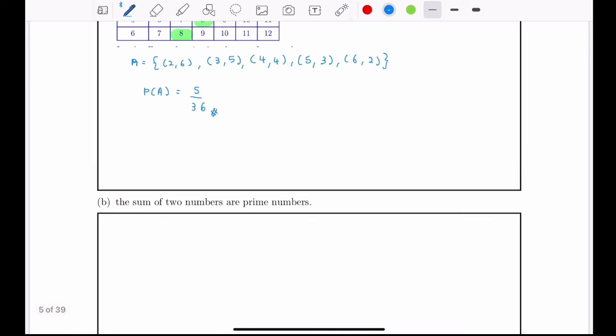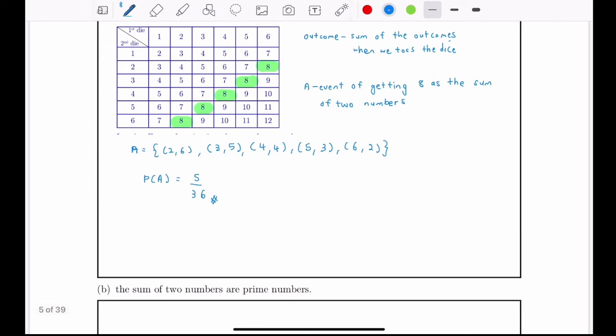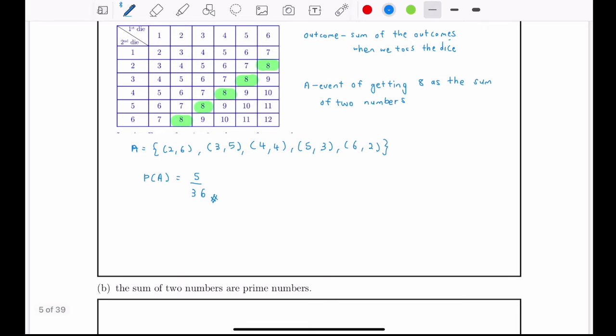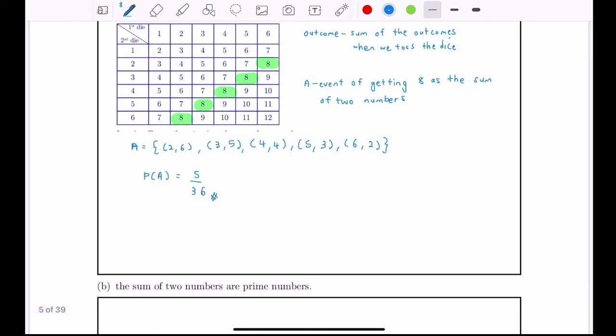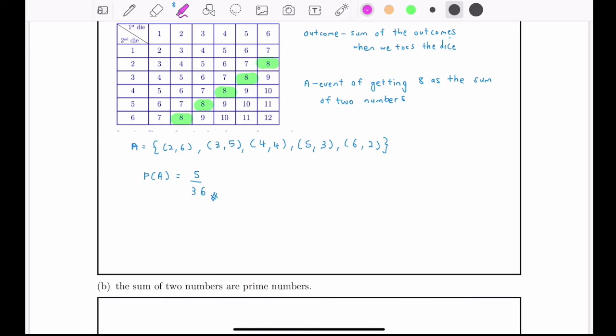Okay, next, B. The sum of two numbers are prime numbers. So prime numbers is a number that is greater than 1 and can only be divided by itself. So the prime numbers are 2, 3, 5, 7, 11. Okay, so 1, 2, 3, 4, 5, 6, 7, 8, 9, 10, 11, 12, 13, 14, 15.